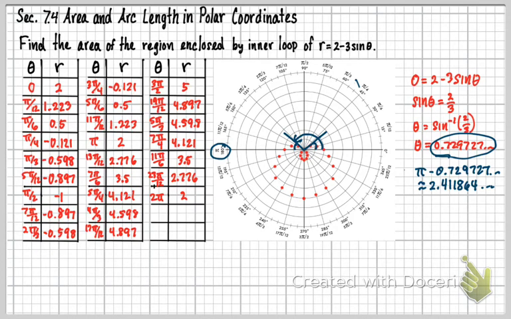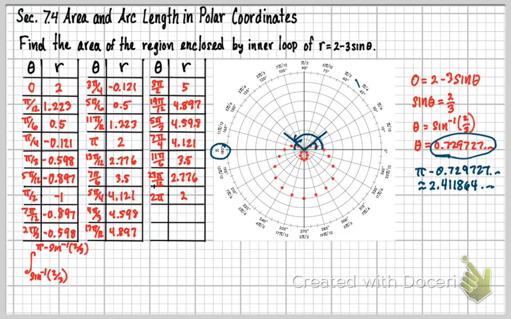My integral is going to go from sine inverse of 2/3 to pi minus sine inverse of 2/3.